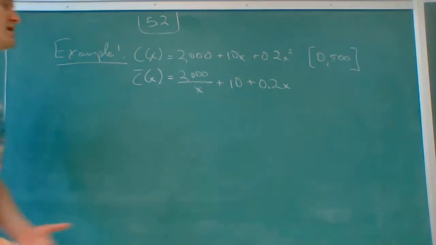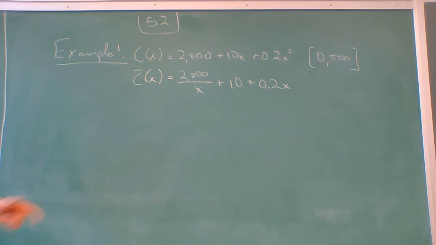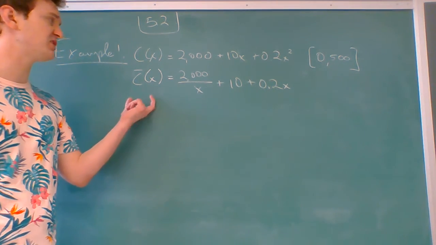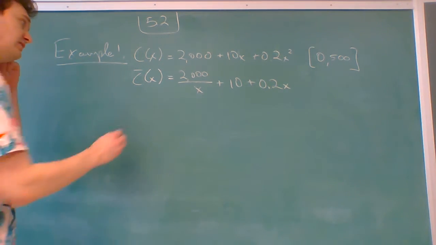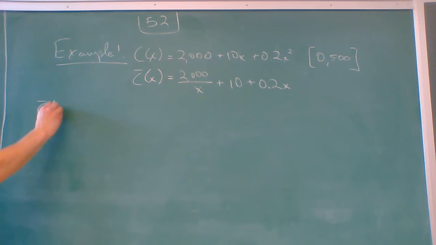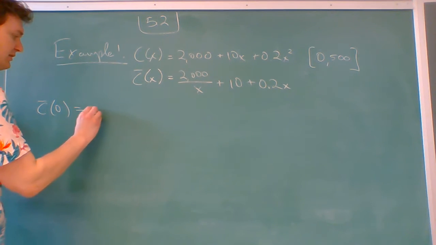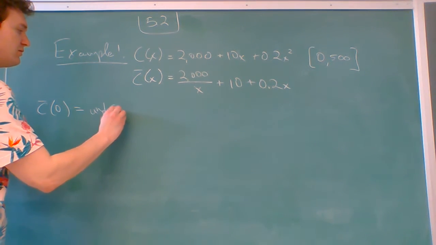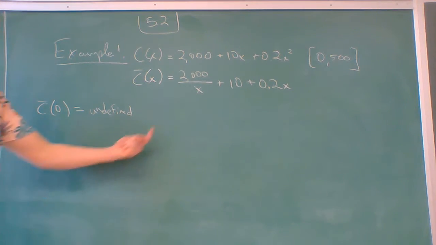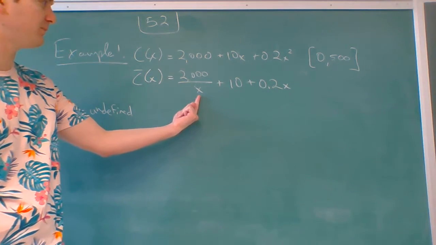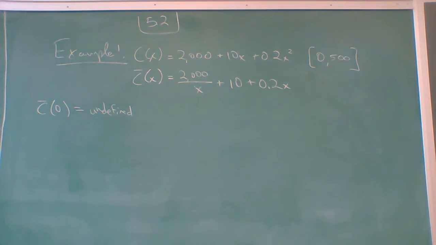All right, let's find the minimum value for this C bar of x function. First thing, get those endpoints. Plugging in 0, well, that's undefined, because of that right there.